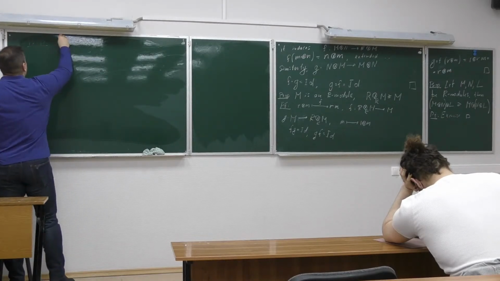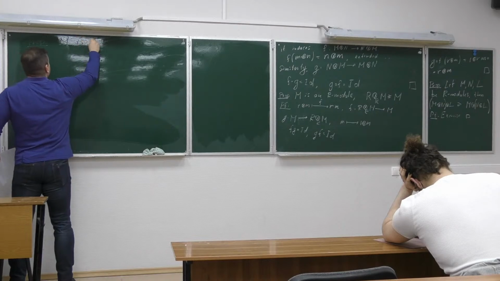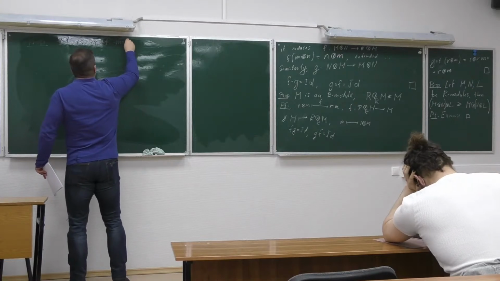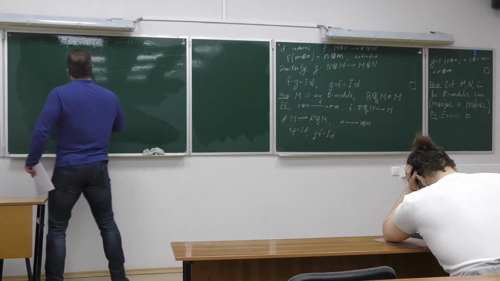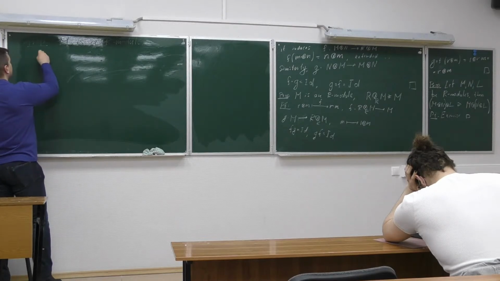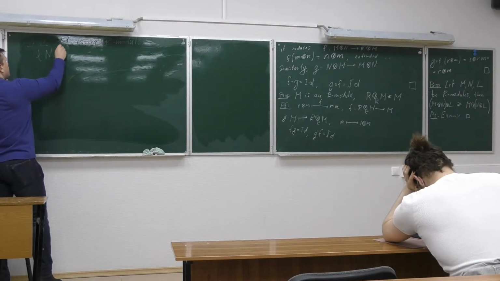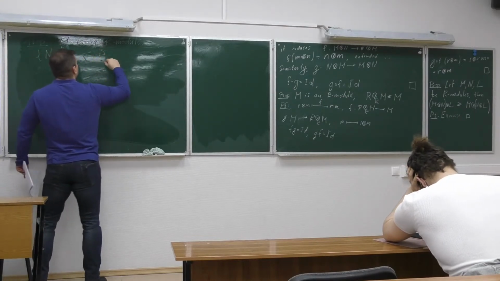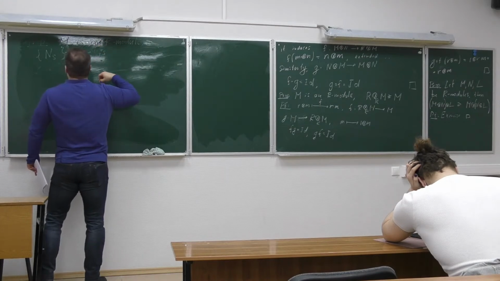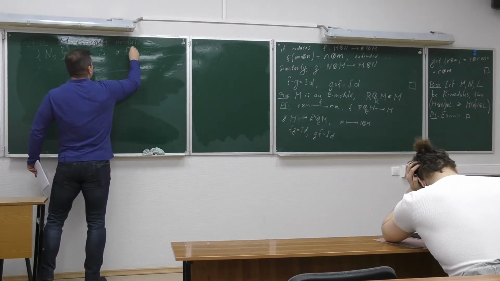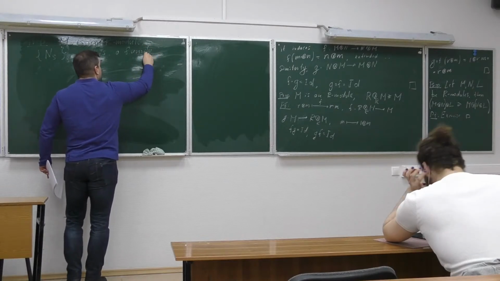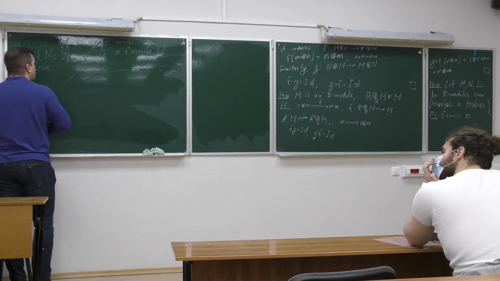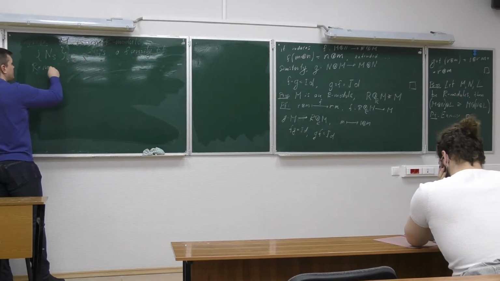Now suppose that M is an R module, and we also have a family of modules, say N_s, parameterized by some set S, where each N_s is an R module. So in other words, just a set of R modules, and this set is exactly the set S.